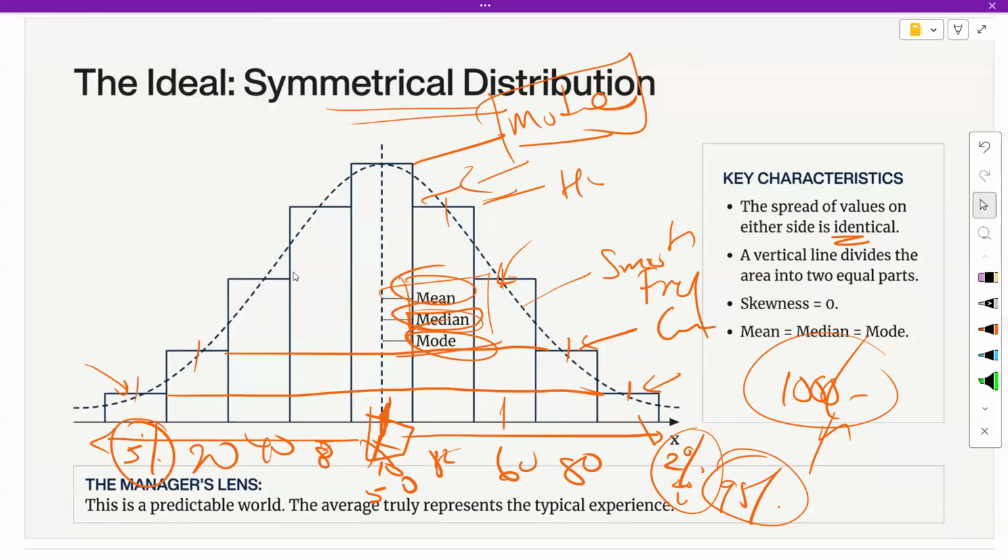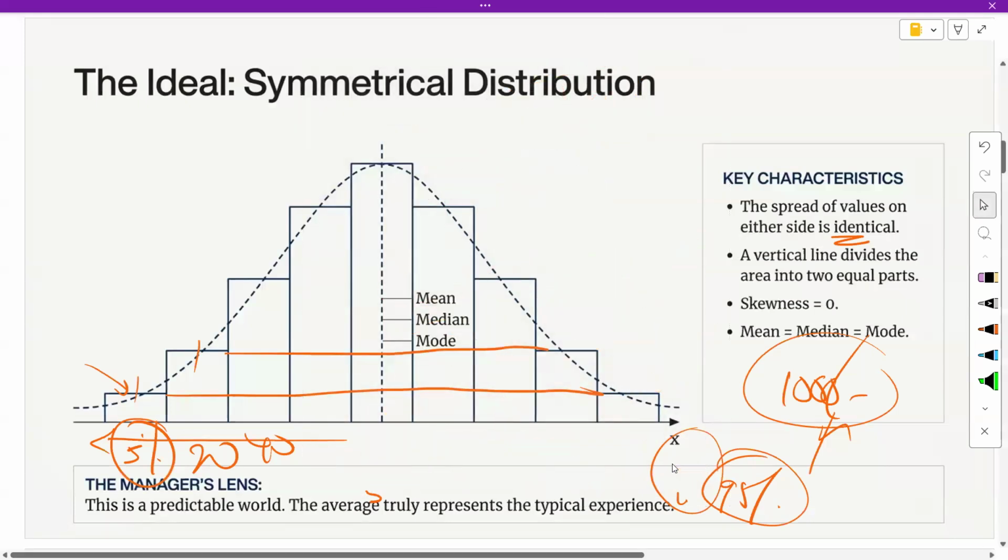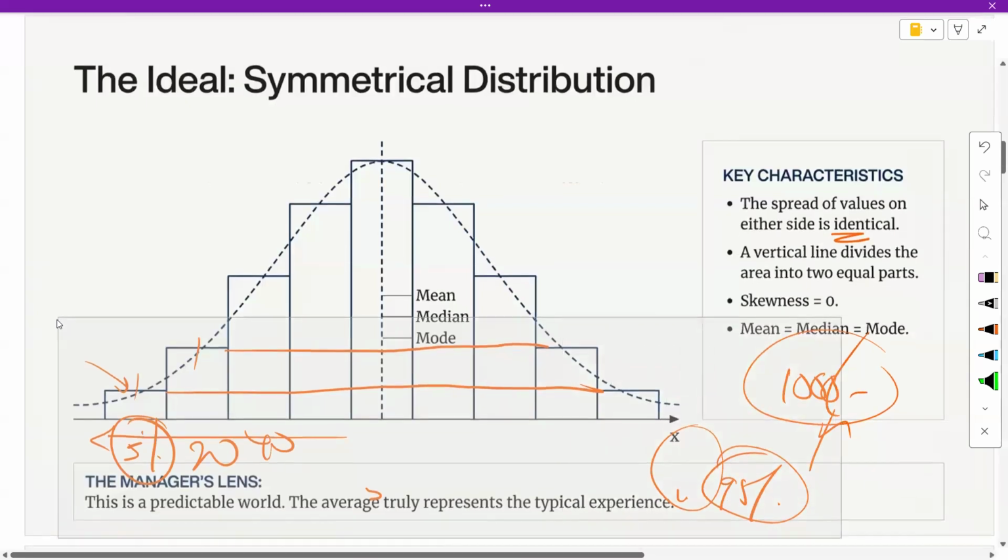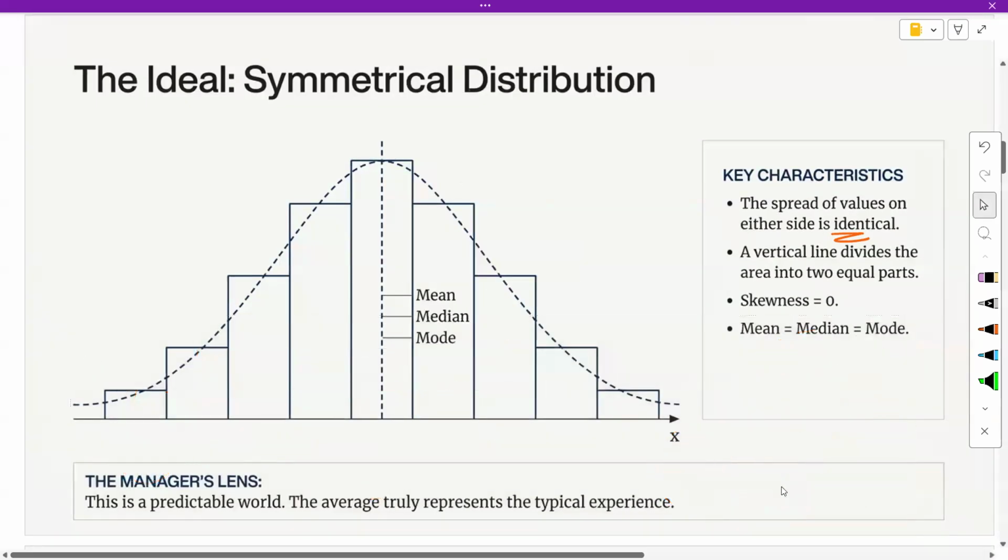So both sides of the data set, the spread, the deviations, mean deviation or quartile range or variance or standard deviation, both sides are identical, the same. The spread of values on either side, left side or right side, is identical.